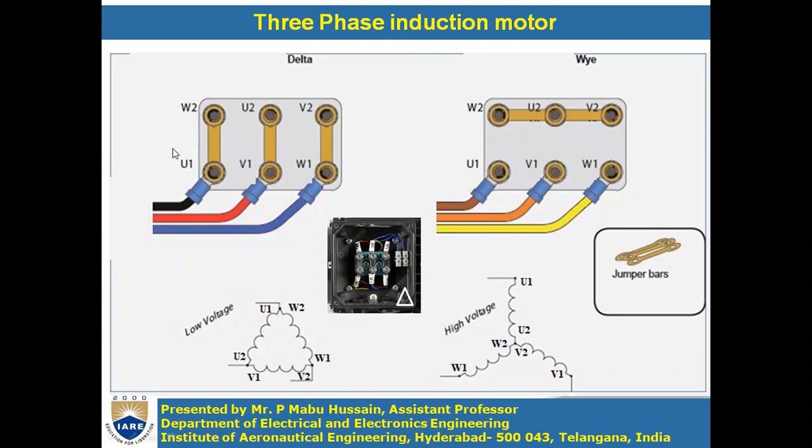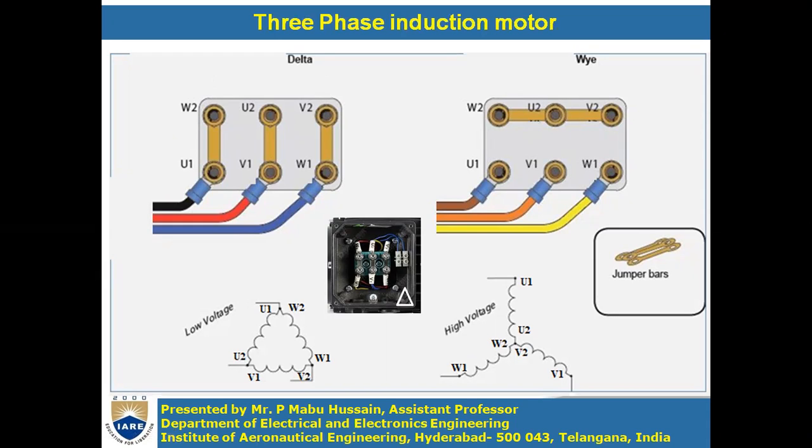As I said, for the three-phase induction motor all 6 terminals are given outside. The terminal names are represented like this: U1, V1, W1, U2, V2, W2. U1, U2 are the terminals of one winding; each winding has 2 terminals.